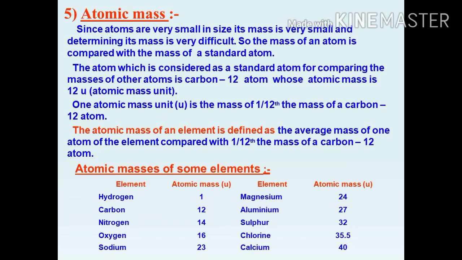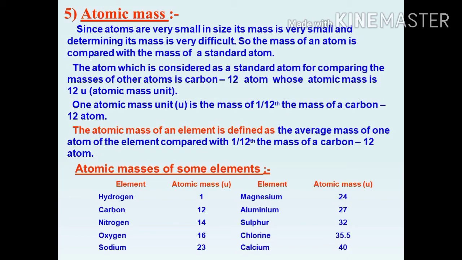You know, in an atom, the center of the atom contains the nucleus. The nucleus contains two components, protons and neutrons. How can we calculate the atomic mass? The sum of the numbers of protons and neutrons in the nucleus is called the mass number. This is because each proton and each neutron weighs one atomic mass unit.